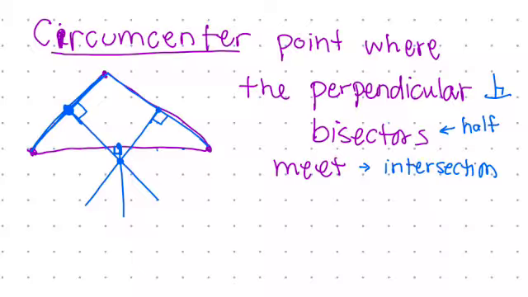If you had 3 different points and you wanted one thing that was going to be the same distance from everybody, then what you would do is use the circumcenter.